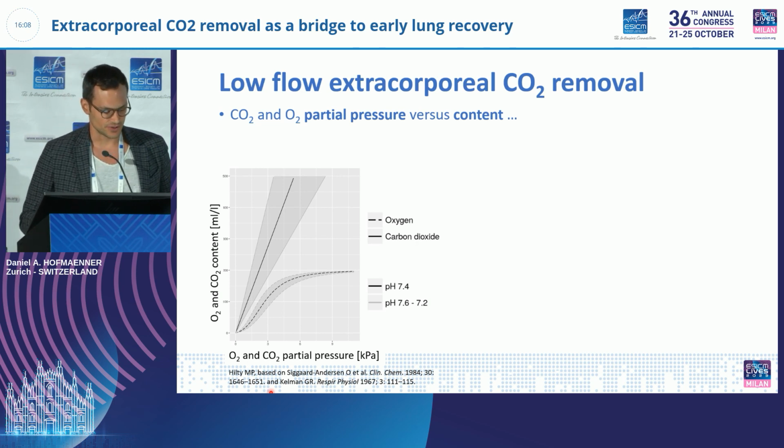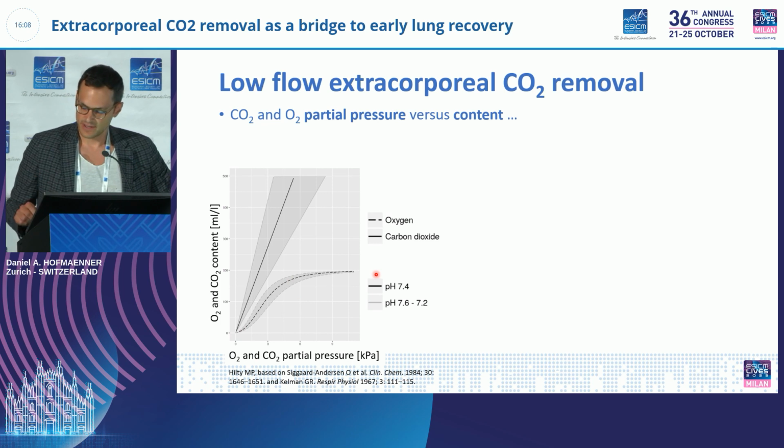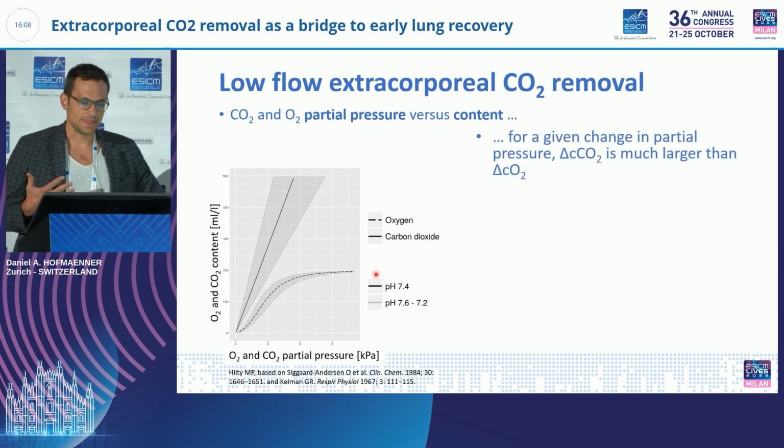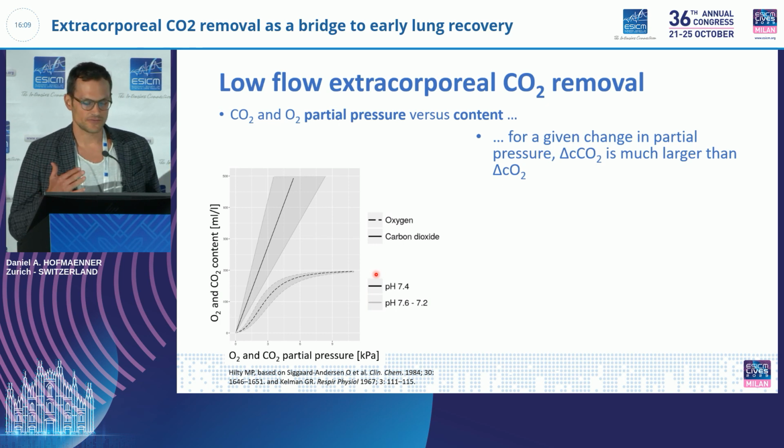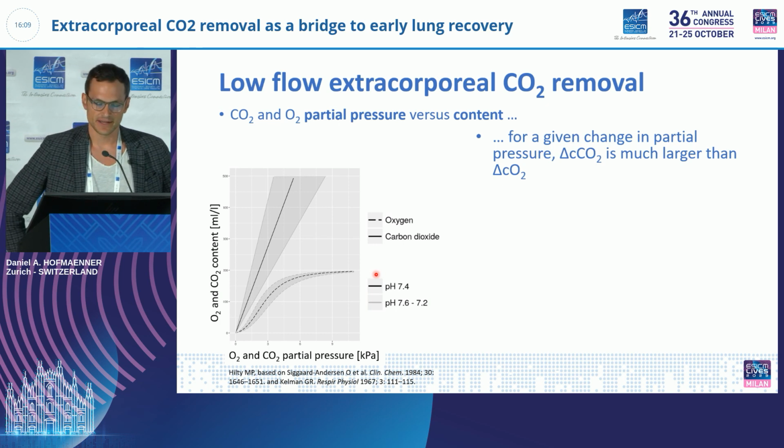In contrast, for the O2 dissociation curve, we see a sigmoid-shaped curve that we know from the physiology books. And this means that for a given change in partial pressure, the delta for the CO2 is much higher than for the oxygen.